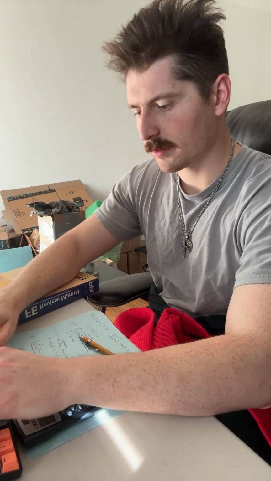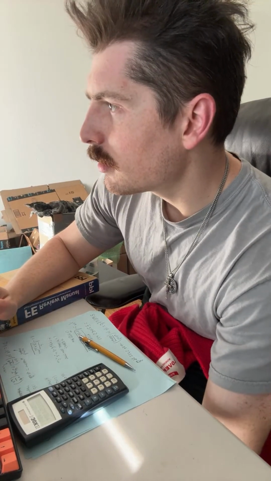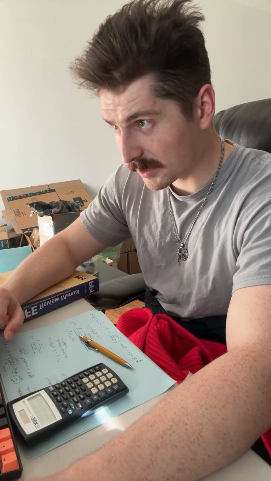Let's see. Rocket thrust equation. Mass flow rate. We're getting there. Vx dm. Delta mass flow rate.